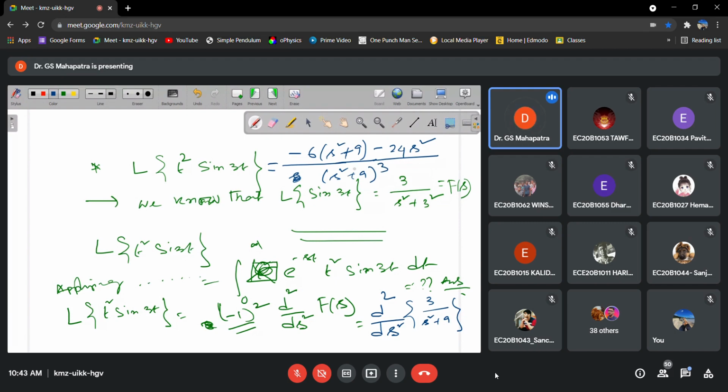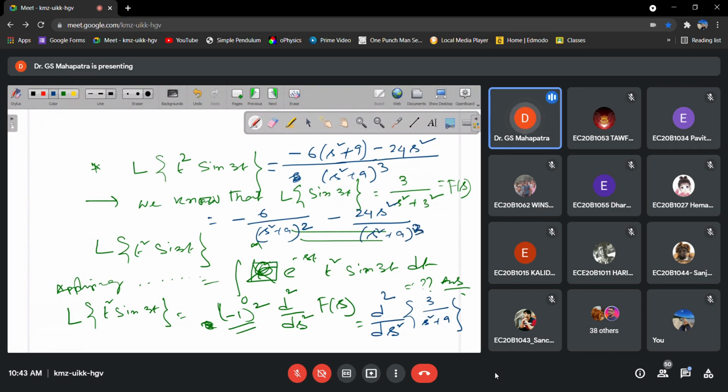Okay, this one. You can simplify a little bit, but only after the second derivative, not before. Otherwise, it will be very straightforward. Why do you have to do this?